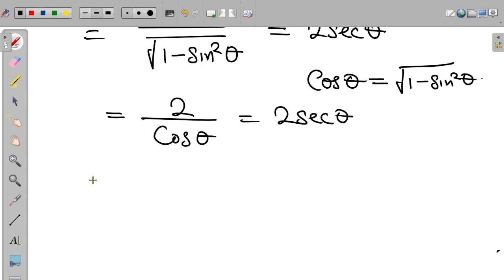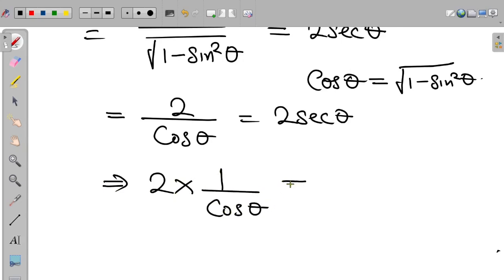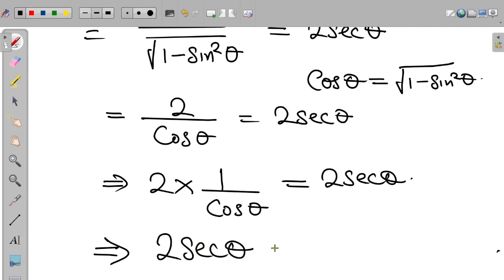Now the left-hand side can be expressed as 2 times 1 divided by cos theta, and this is equal to 2 sec theta. Now recall that the reciprocal of cos theta is sec theta, so therefore we have shown that the left-hand side, which is 2 sec theta, is equal to the right-hand side, which is 2 sec theta.